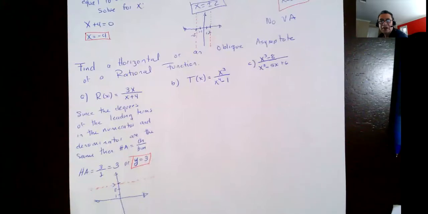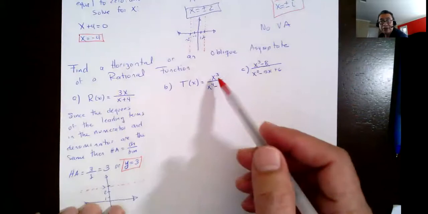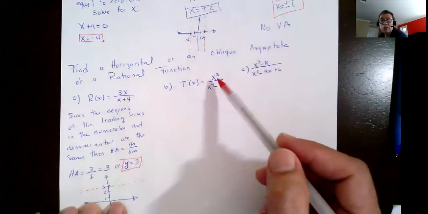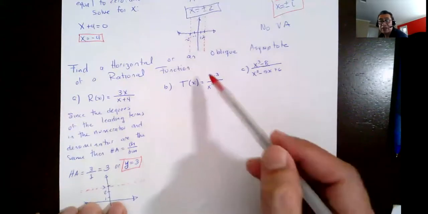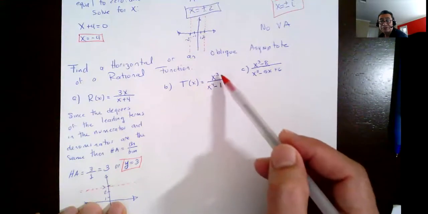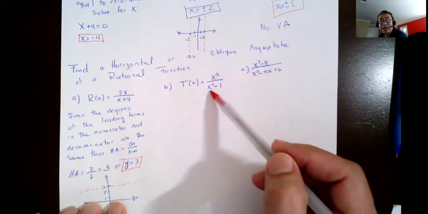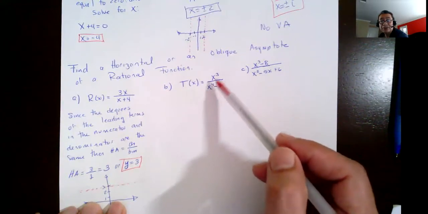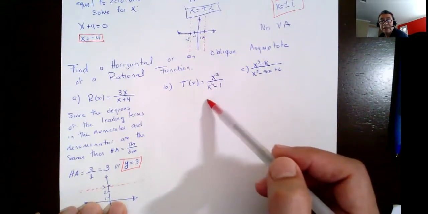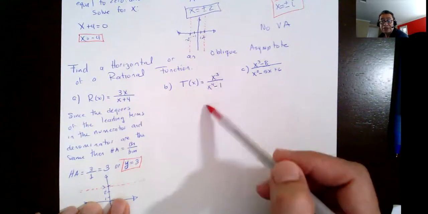Okay. And if you notice here for B, in the numerator, the leading term is the only one that we have, so the degree would be 3. And in the denominator, the leading term is x to the 4, so the degree is 4. Now let's compare the degrees here.